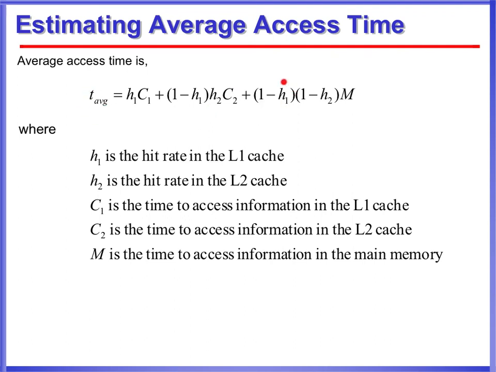And finally, if it's not in cache 1, the miss rate is 1 minus H1, and it's not in cache 2, so times that by 1 minus H2, which gives us the miss rate for cache 2, times the access time from main memory. So this is the contribution to the average access time of getting something from main memory, after missing in cache 2 and cache 1.